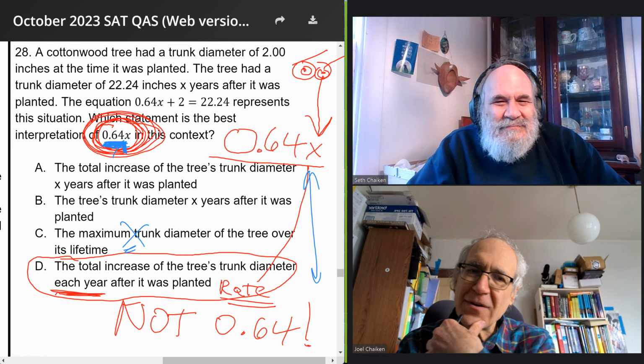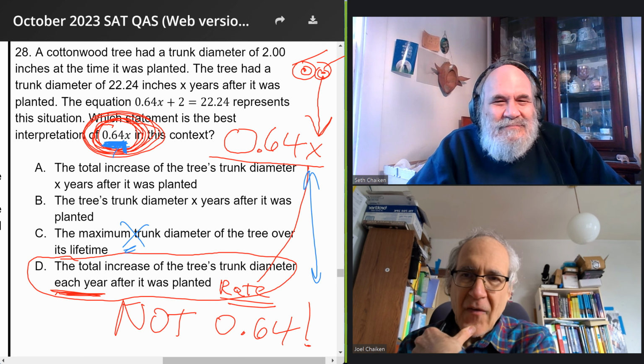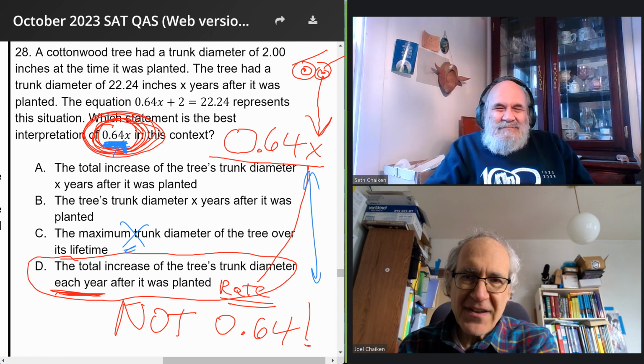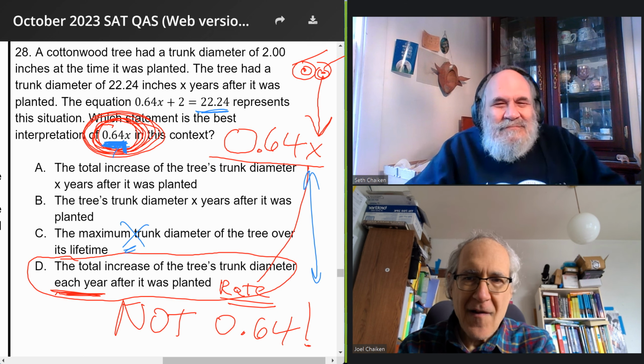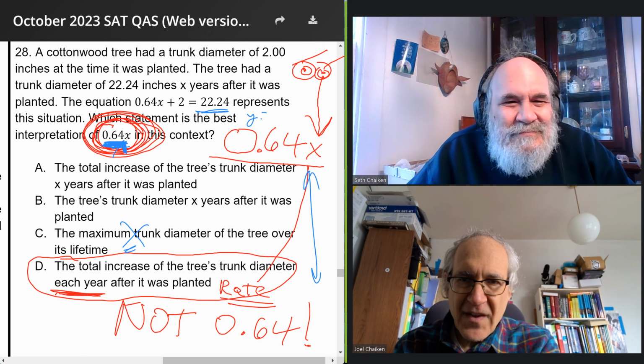No. It's interesting. Usually they would... Well, I guess they put this 22.24 as the final output of that function, y equals 0.64x plus 2.